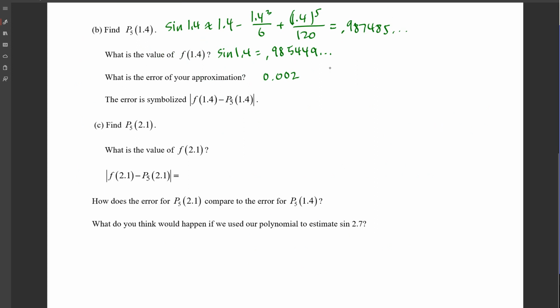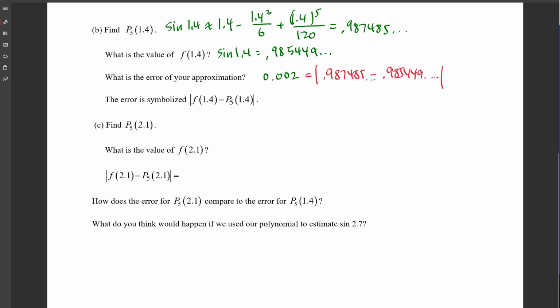I'll write it down so you guys can see where I got it. This is equal to 0.987485 minus 0.985449. All right, so this is actually an error. And in calculus, when we do errors, we don't have to worry too much about the sign, so we can just take the absolute value of the difference between these two.